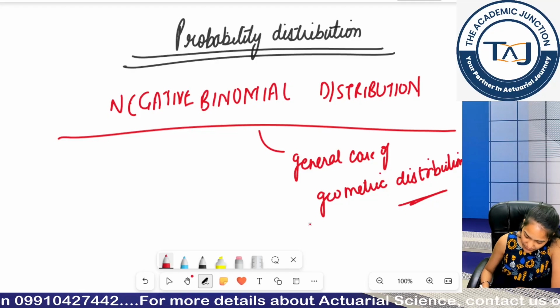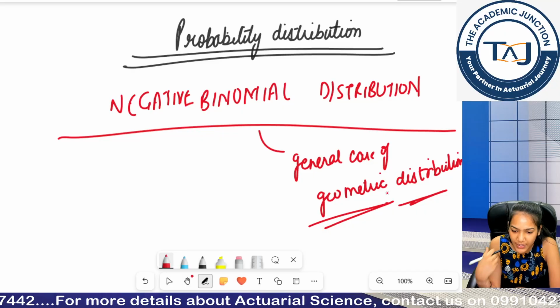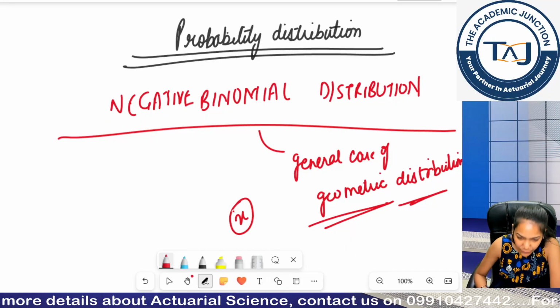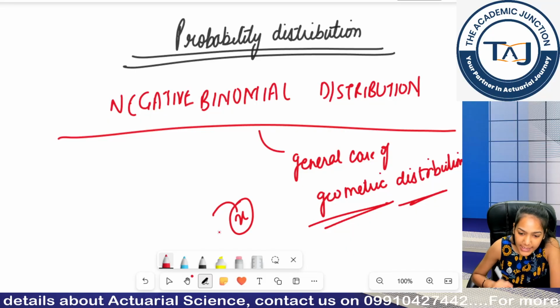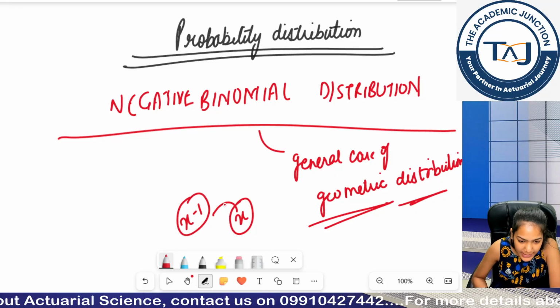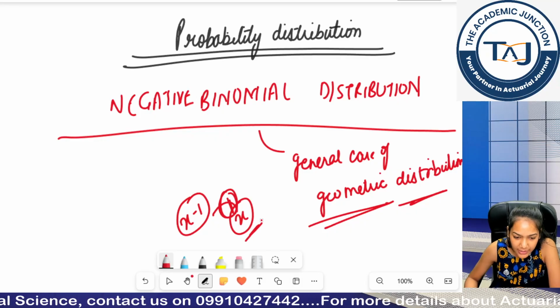So what was geometric distribution? From the last class we know in the geometric distribution we were counting the number of trials. For example, X number of trials, and before this Xth trial I was getting X minus 1 failures and I was getting my first success at my Xth trial, right?